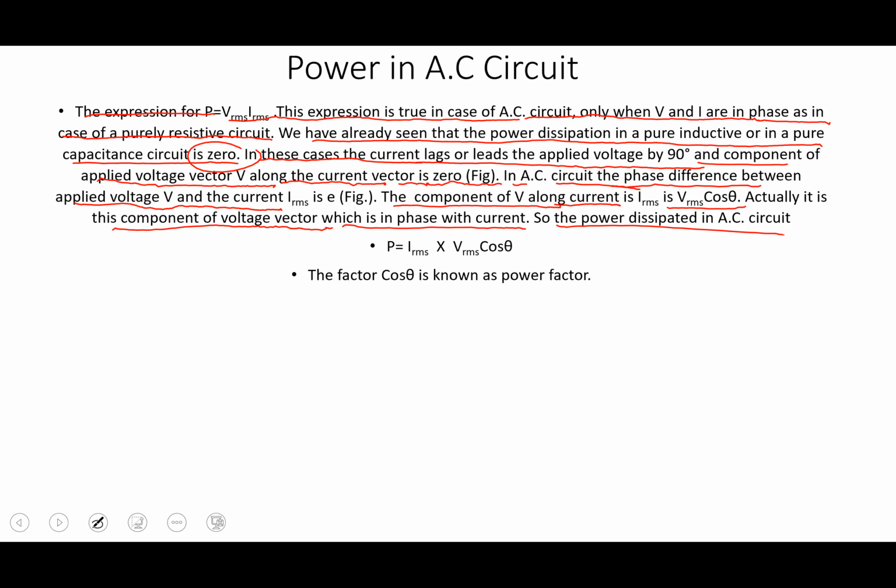So the power dissipation in the case of AC depends upon the angle theta. P is equal to I RMS multiplied by V RMS cos theta. The factor cos theta is known as the power factor. It can be maximum or minimum, depending upon how capacitive or inductive the circuit really is.